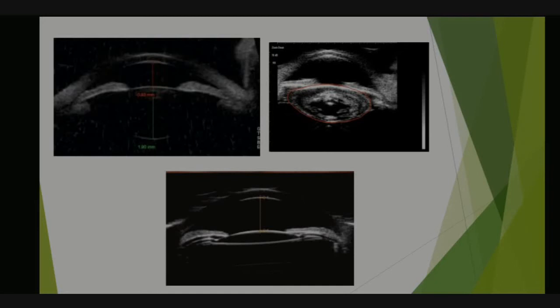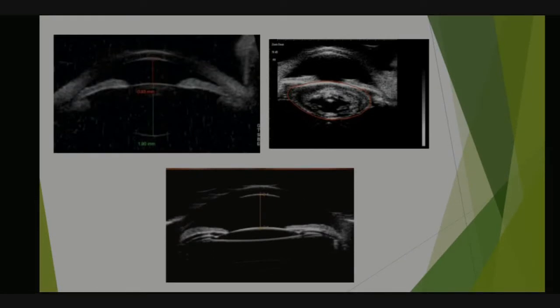In the second image you can see it is a cataractous lens. The diameter of both the edges of the lens is very visible. You can easily measure the diameter of the lens, vertical and horizontal.